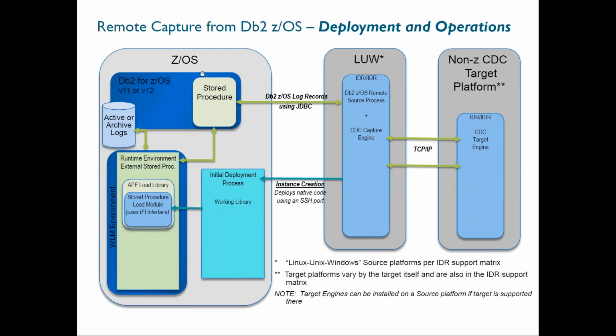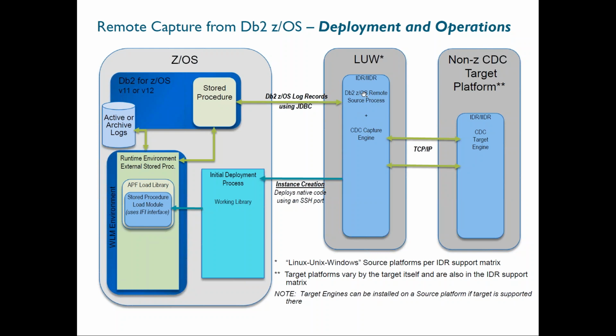On the left-hand side, we have z/OS that we all know and love, DB2 for z/OS, either 11 or 12. We have the active or archive logs that have been running all this time. The new component: instead of capture running co-located on System z, we have a stored procedure which is being executed by a process that runs on the, it says Linux, Unix, Windows platform. I don't know that anybody would execute this on Windows, but apparently you can.